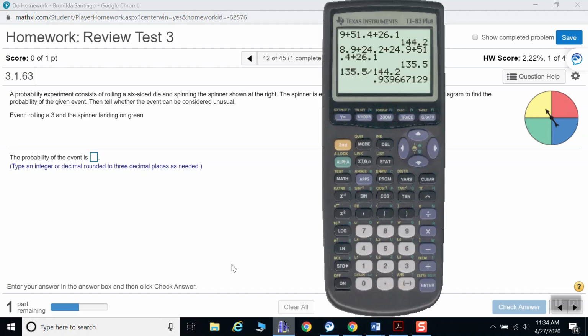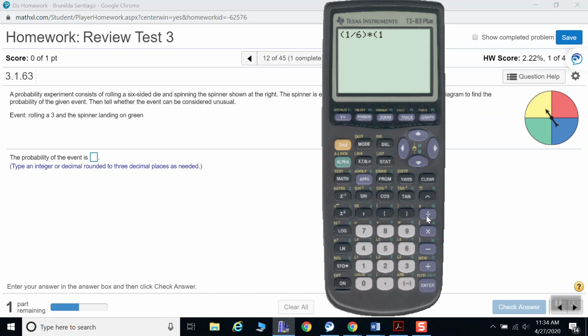So in this exercise, since it has an and, it will indicate that I have to multiply those probabilities together. So rolling a 3, when it is a 6-sided die, you have one number that is a 3 out of the 6 possibilities. And then we are multiplying this. I prefer to enclose this in parentheses. So 1 out of 6 is the probability of getting a 3. Multiplied by, there is only one green out of the 4.